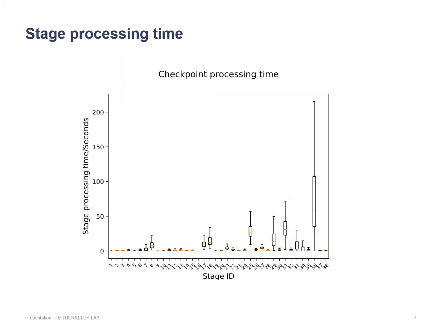This figure illustrates the stage processing time distributions after we remove the anomalous data points. It is clear that stage 36 dominates the overall processing time. Therefore, we still use stage 36 as our prediction target.